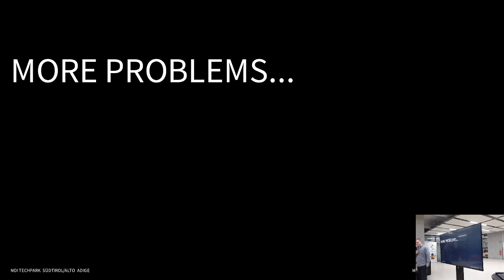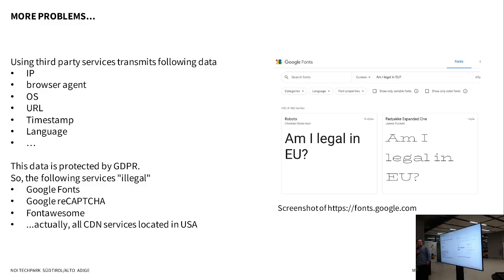And there are even more problems, for example Google Fonts. If you're using a third-party service located in the US, like Google Fonts or also others like CAPTCHA, Font Awesome, and generally every third-party service, you actually submit as a user your IP address, browser agent, operating system, the timestamp, everything to the server.